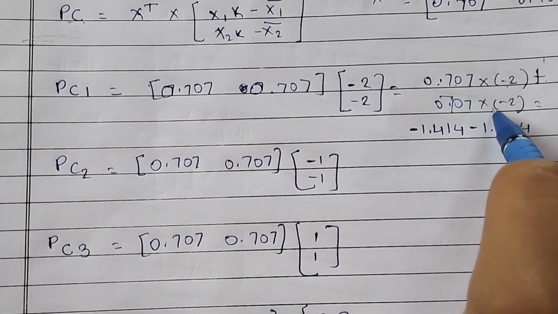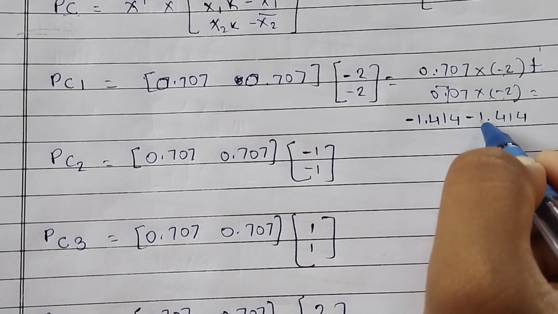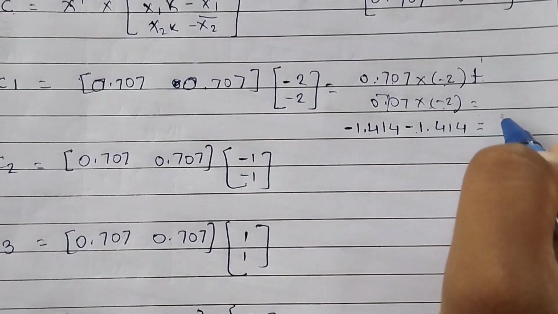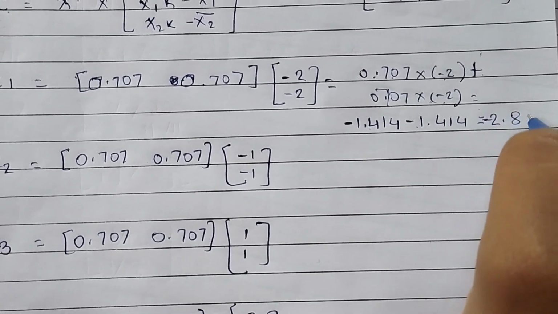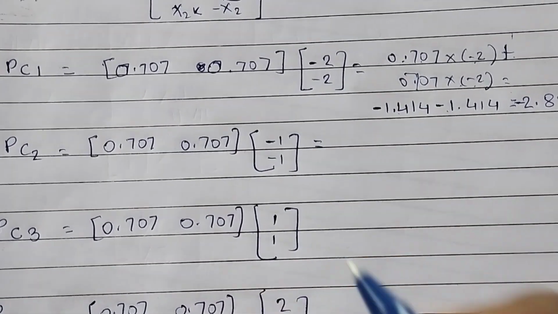We get minus 1.414 minus 1.414, which is nothing but minus 2.828. Same for the second, third and fourth instance.